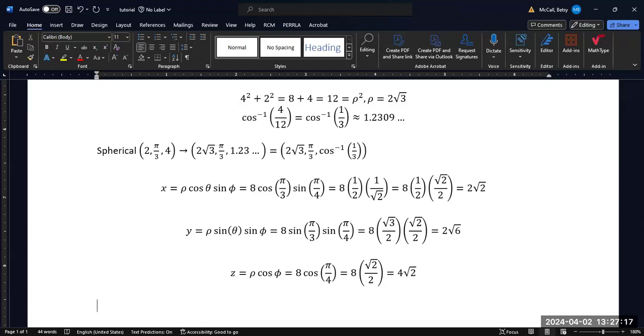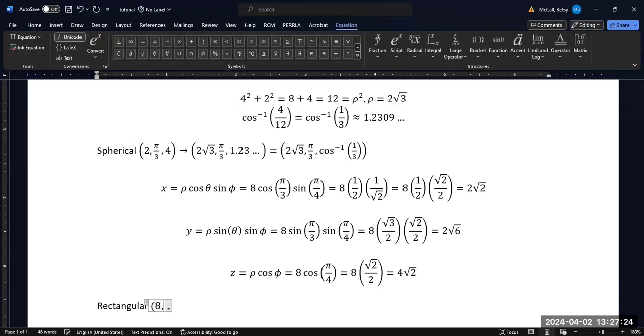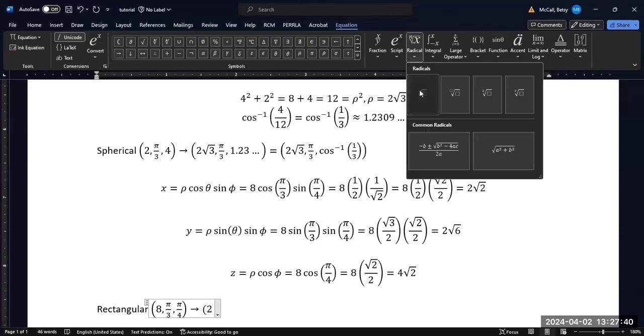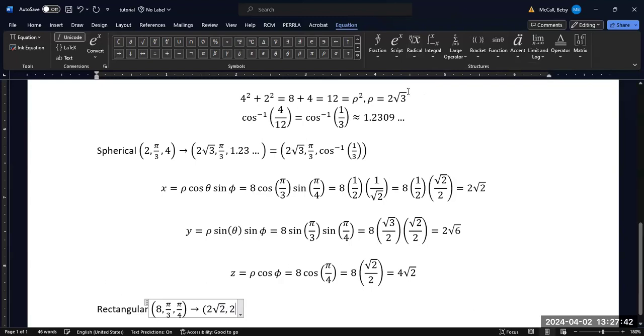And so in rectangular, our original point 8, pi over 3, pi over 4 is going to become 2 square root of 2, 2 square root of 6, and 4 square root of 2.